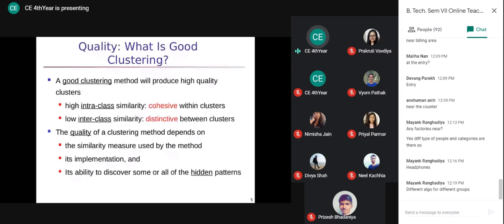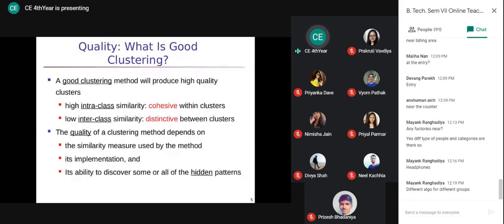Likewise, we need many rules, and those rules are actually referred to as the hidden patterns. Pattern means, let's say if I put X and Y together, then there is a very high probability that I should put Z also over there so that X, Y, and Z will come together. The other rule might be I should not put A and B together, never.